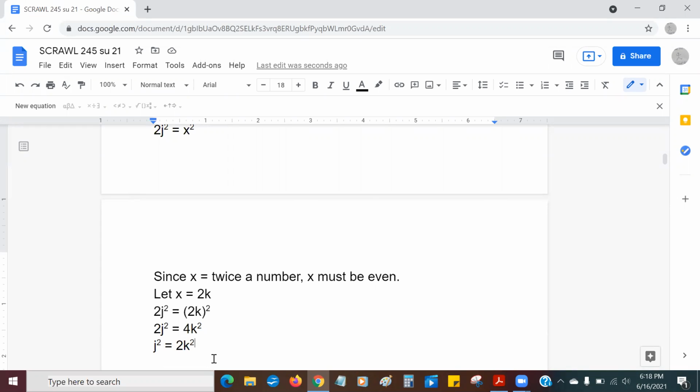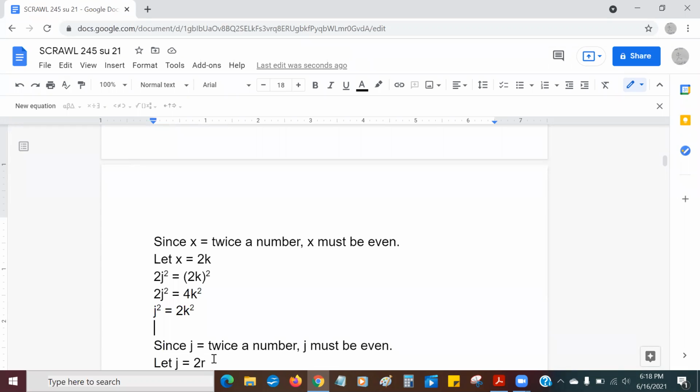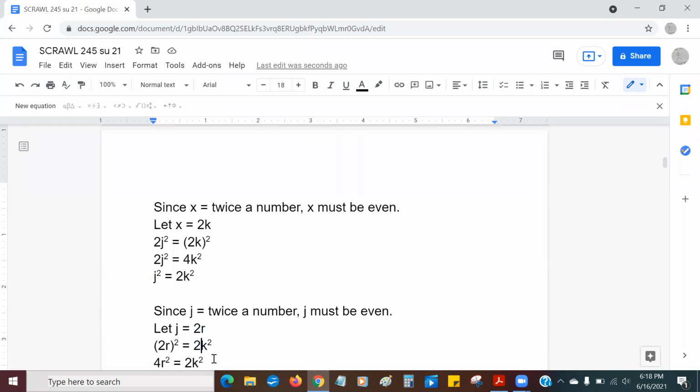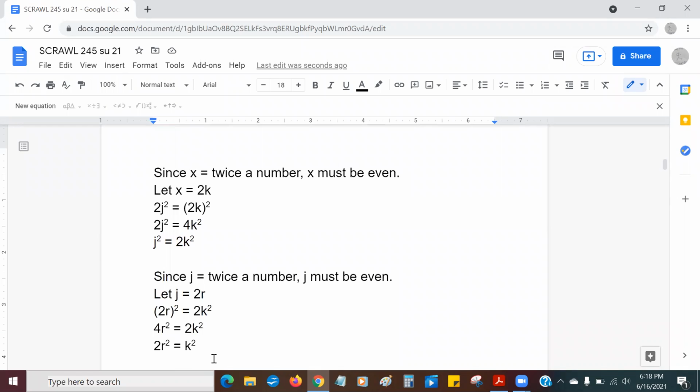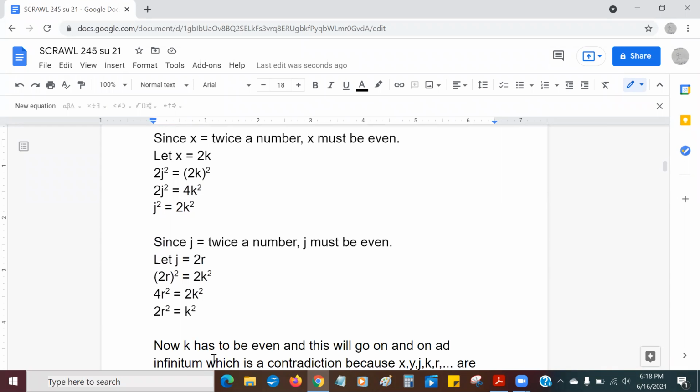That means j is even for the same reason, so let j equal 2r. I do the same process and get 2r squared equals k squared. Now k has to be even, so let k equal 2 times something. This is going on forever. This process could go on ad infinitum.